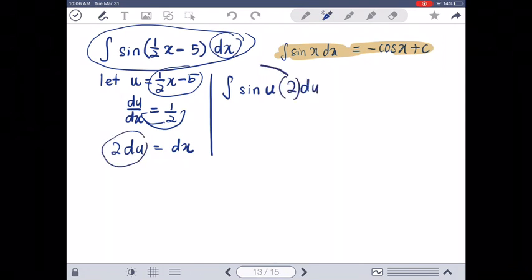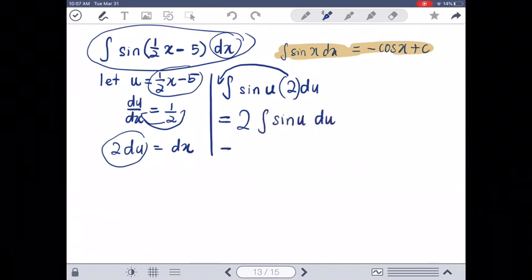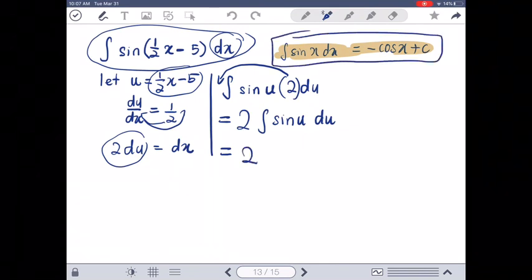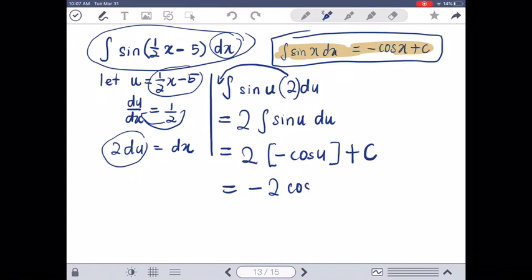And we know that when we have a constant, we can bring it outside, so it becomes 2 times integration of sin u with respect to u, which is just equal to 2 from the basic formula times negative cos u, and do remember to add plus c. So the answer is negative 2 cos u plus c.